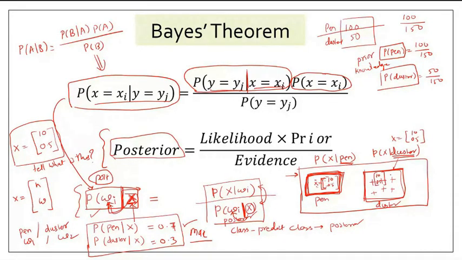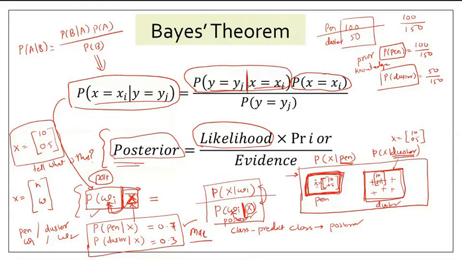So when I take likelihood, it is talking about a specific class, say pen class or duster class. This is not predicting anything. This is not giving you a decision about prediction. It is helping you to take the decision, but it will not give you the decision. The decision is always computed based on Bayes prediction. So that is posterior.